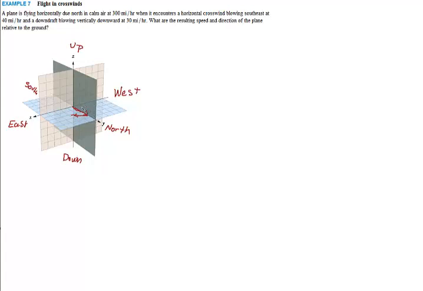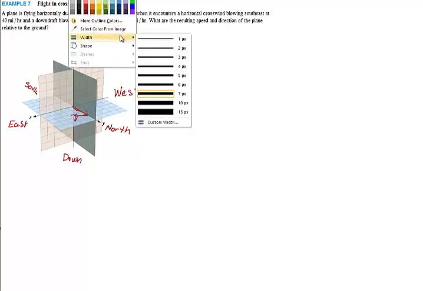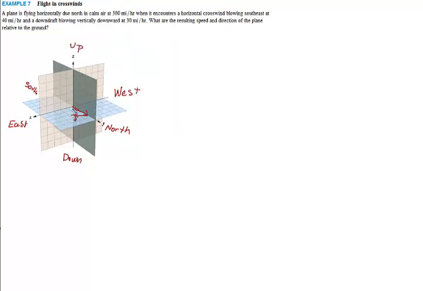And then also a downdraft, which is going just straight down 30 miles an hour. So that's going to be a tiny one as well. I need to come up with what is the resulting vector, and that would be this vector that goes to where this thing ends up.